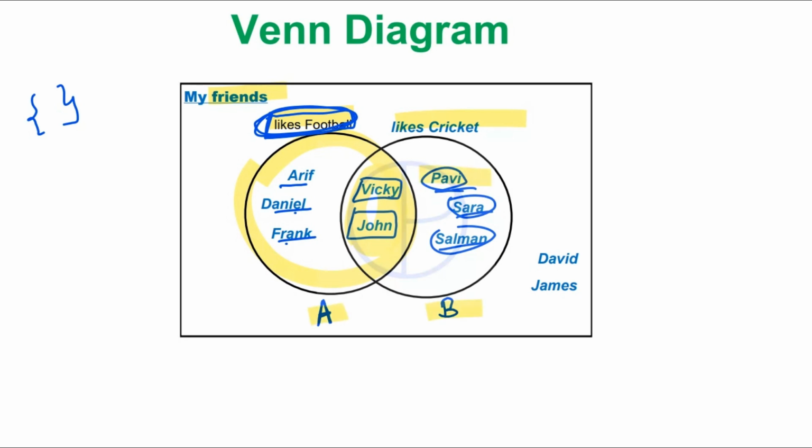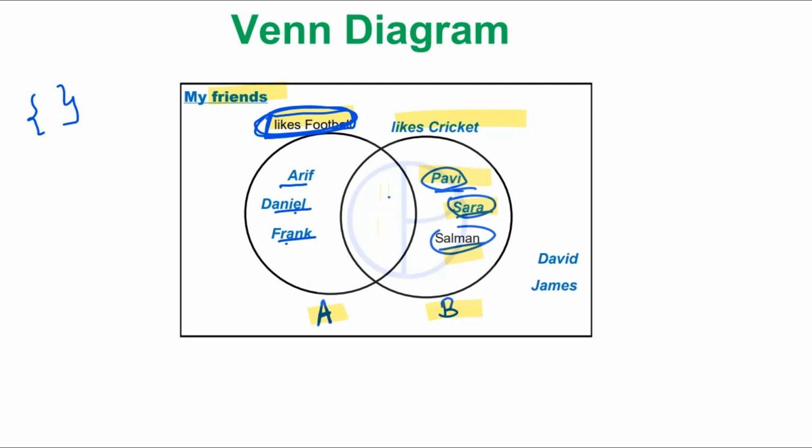I'm going to use some formal set notation here. We can see both Vicky and John are members of both sets. So this intersection here means they both like football and cricket. Let's imagine there was no name here. Let's just take these guys out for a second.